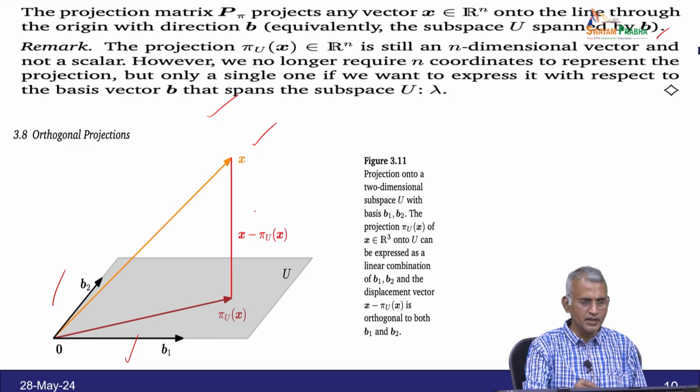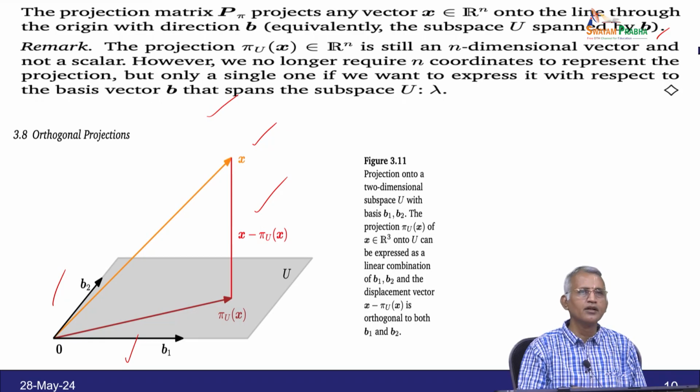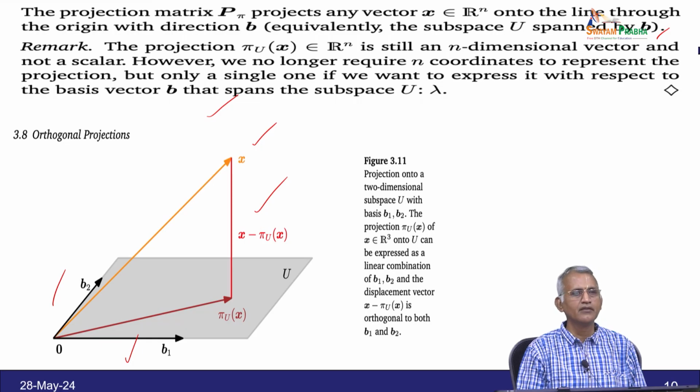We have a displacement vector x minus pi u of x, and this is perpendicular to the subspace, call it orthogonal to both B1 and B2. So, this way we can give the pictorial representation of orthogonal projection.